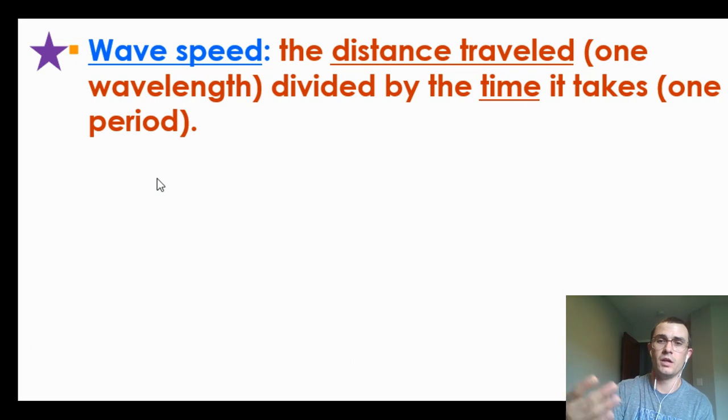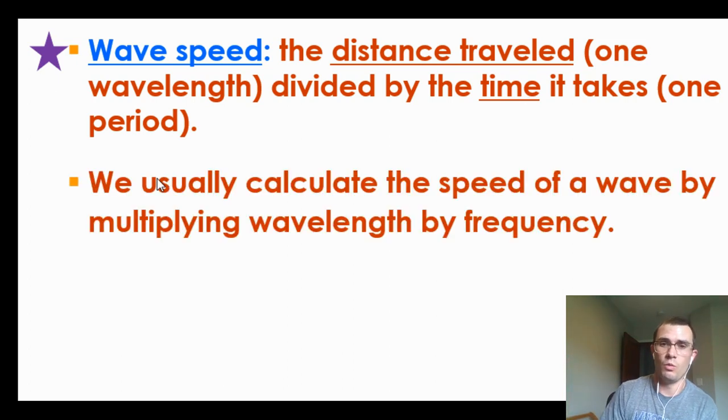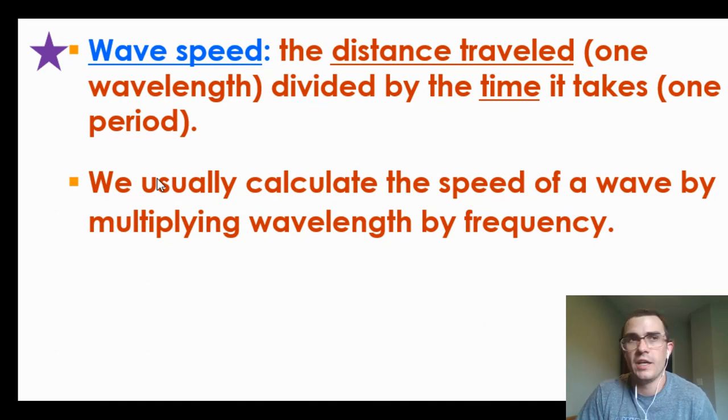Now, what we actually use instead of the period is the frequency. Frequency, remember, is the opposite of the period. Instead of how long it takes to complete one wave, it is how many waves are completed per second, measured in hertz, right?